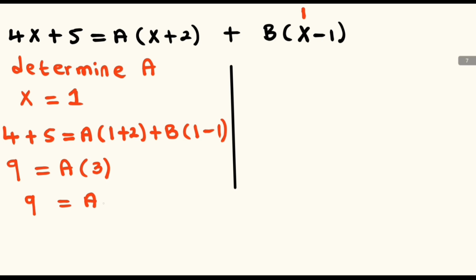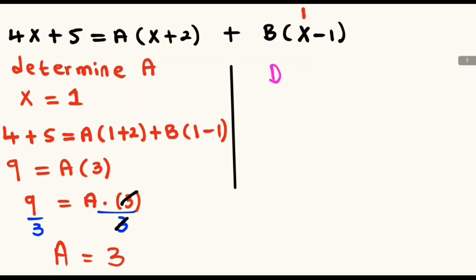So 9 will be equal to a multiplied by 3. We divide both sides of the equation by 3, as that 3 and that 3 will cancel out, and a will be equal to 9 divided by 3, which is equal to 3.